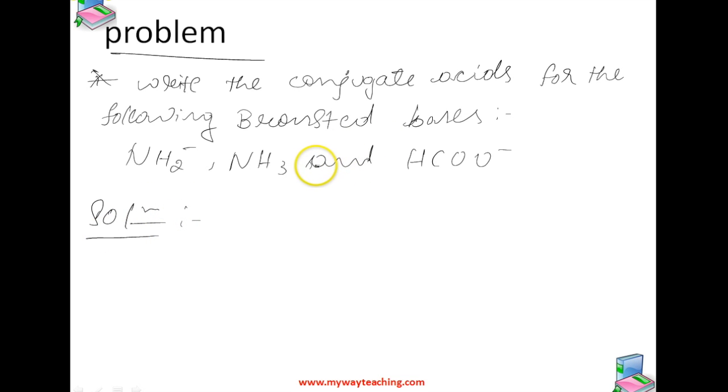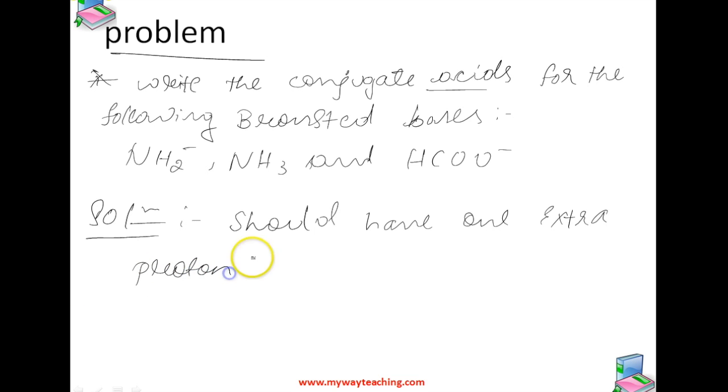The conjugate acid should have one extra proton. Conjugate acids means they should have one extra proton in each case.